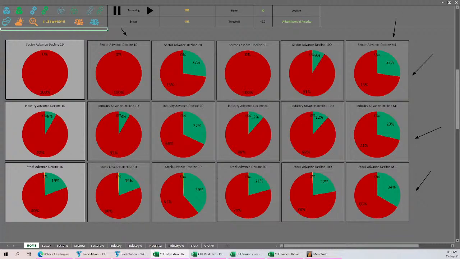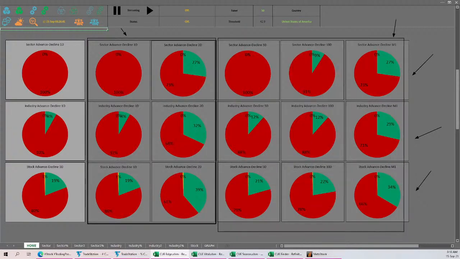A couple of webinars ago, the 1 and 2 day periods were green, and I mentioned that because of the flip-flop that is happening for a long time, it was expected that 1 day, 2 day periods would turn red. That happened, and now not only 1 and 2 day periods, all the other periods, 5, 10 day periods, and also 1 month period, everything is now red. Yesterday was very bearish.